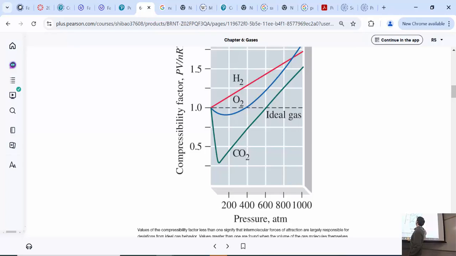Like here, wow, O2 behaves perfectly ideal under these conditions, right? But it's not so ideal elsewhere. Sorry, CO2 behaves ideal here, O2 behaves ideal here, and so it varies. That's what I'm saying when we look at the entire range.